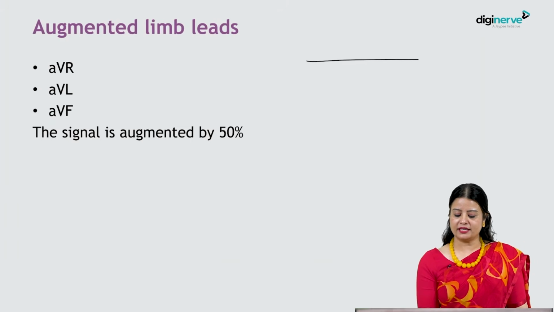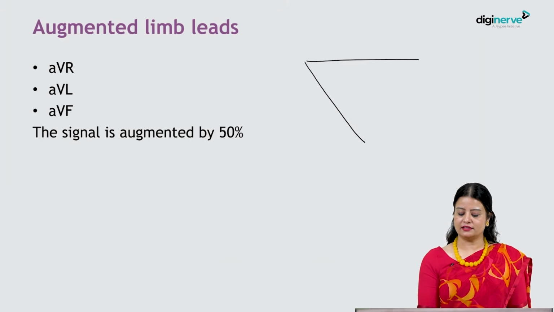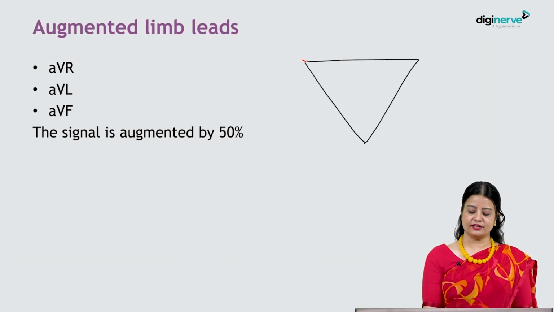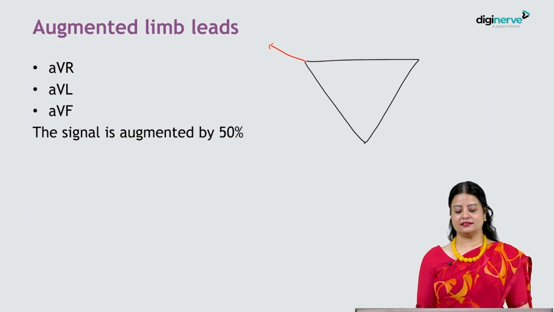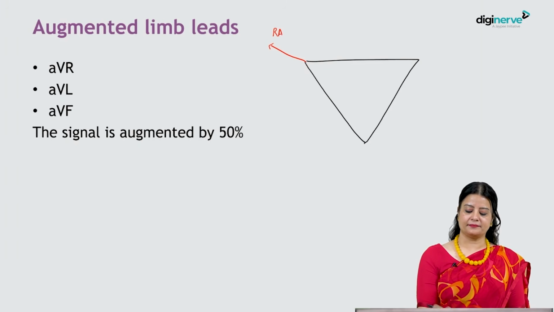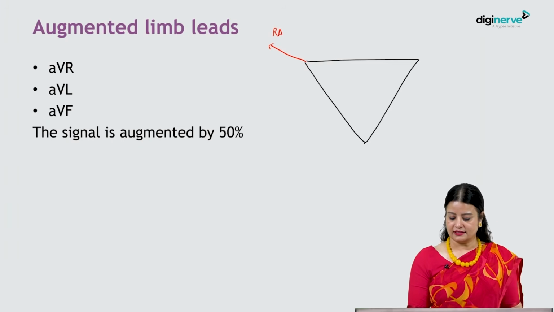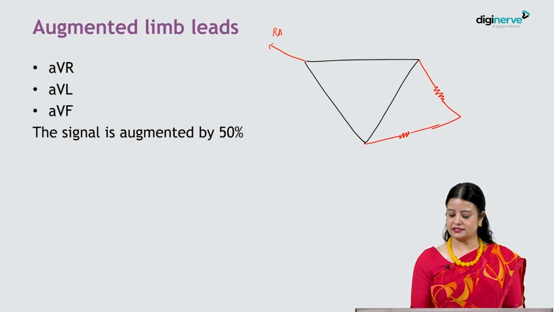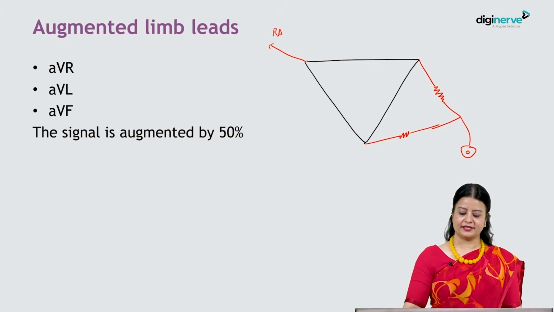So again, we begin with our Einthoven's triangle for representing the augmented limb leads. Here in the AVR, the active electrode is recorded at the right arm, whereas the other two electrodes are joined with a resistance to create the indifferent electrode at 0 potential.